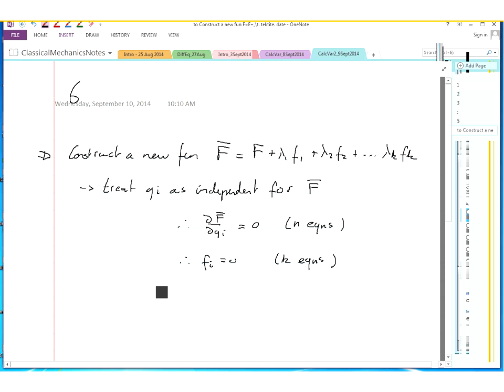That's another k equations. And so then we have n plus k unknowns: the q1 through qn, and then lambda 1 through lambda k. Okay? Any questions about that?